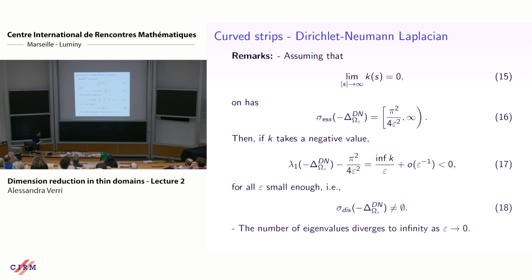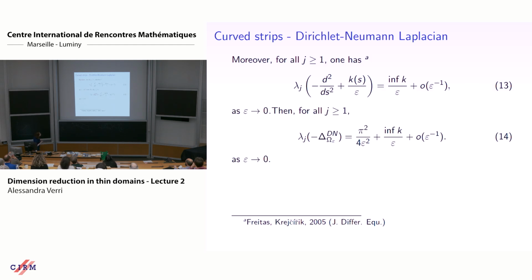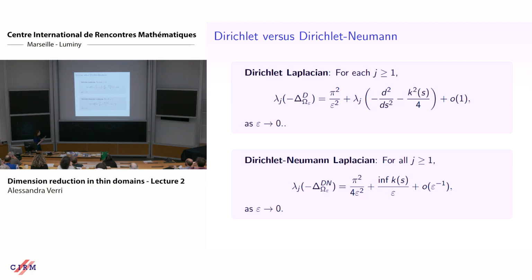Here I put both results so you can compare. For the Dirichlet case, if we assume that the strips are asymptotically straight at infinity, a non-null curvature is enough to create discrete eigenvalues.